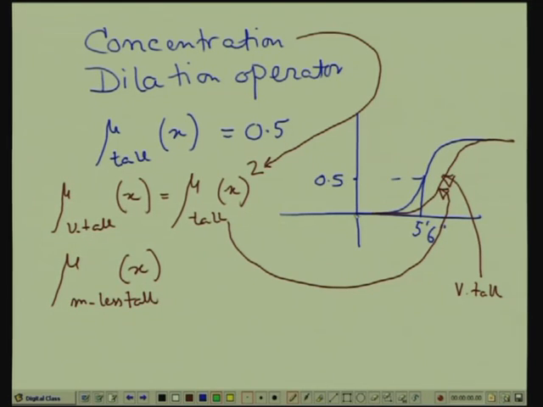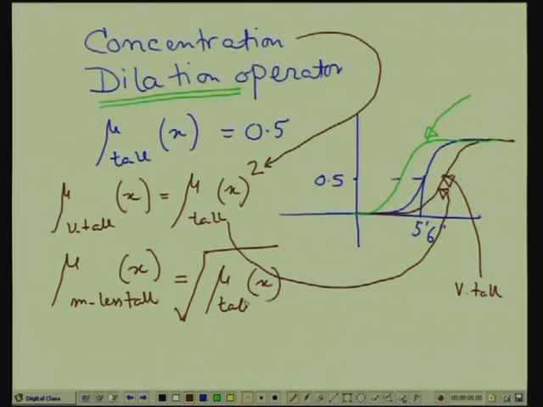So, that curve will be somehow like this. All right. So, this is a dilated curve, and this is known as the dilation operation. And this one we can obtain as the square root of mu tall x.